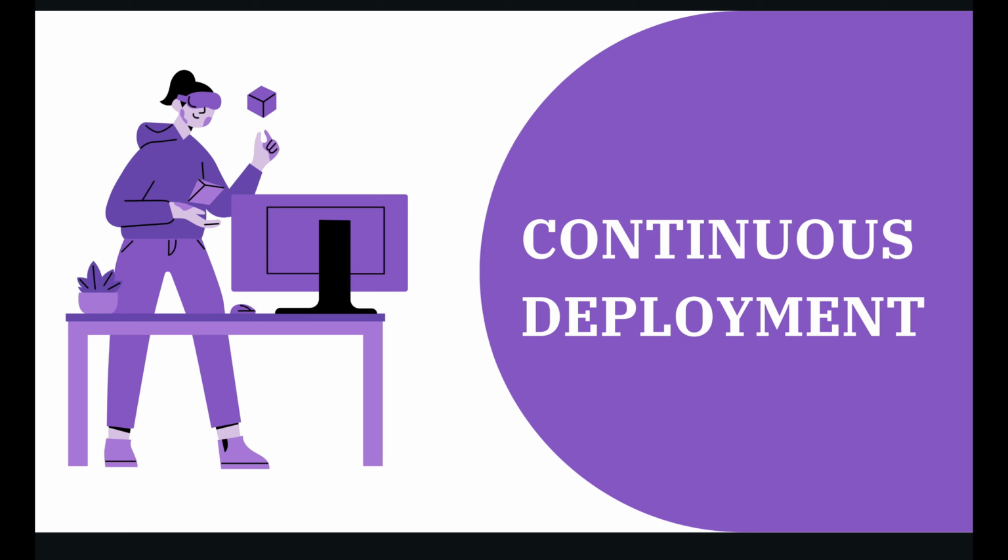We are going to talk about continuous deployment. Continuous deployment is related to continuous integration, and it refers to keeping your application deployable at any point of time. So we can deploy the application at any point of time, which is related with continuous integration.